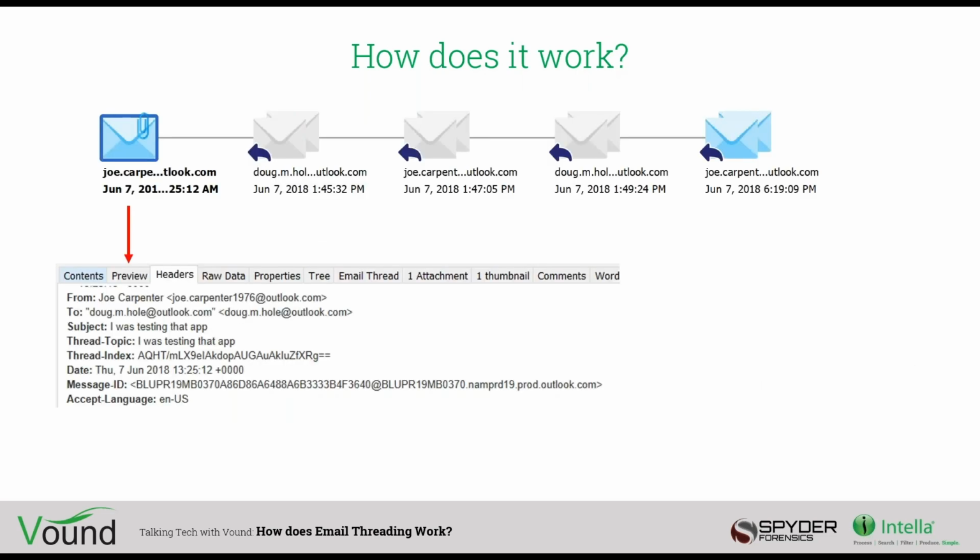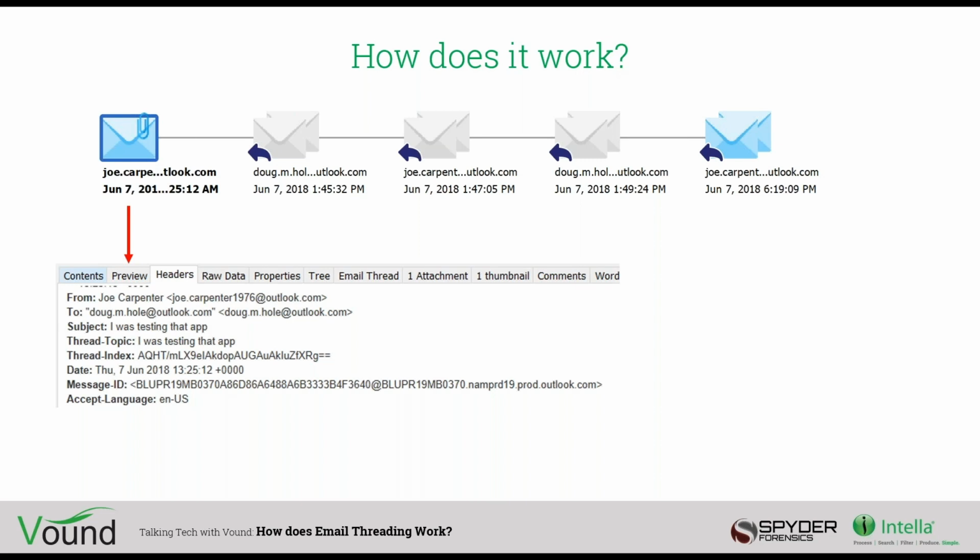So let's look at an example. Here is a very simple email thread. It's got 5 emails. If you look at the graphic here on the headers tab, we've got the basic information about the email, who it's from, who it's to. So we have an email from Joe Carpenter to Doug Hall. The subject was, I was testing this app.